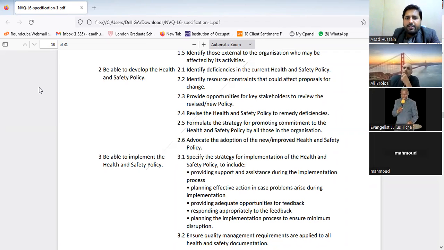Okay, fine. Now in 2.3, it is saying provide opportunities for key stakeholders to review the revised new policy. So it is just like that you have identified some deficiencies and you have removed those deficiencies, and now you are just going to implement the new health and safety policy.